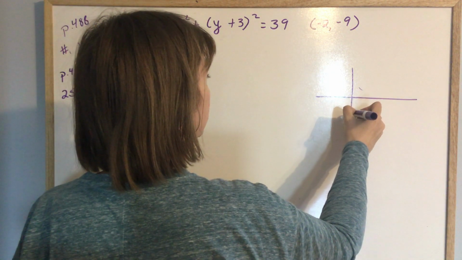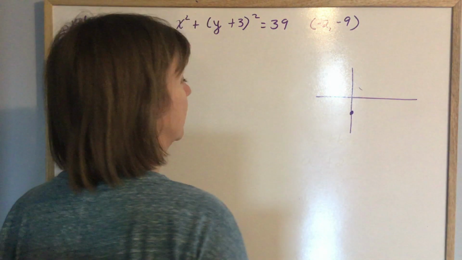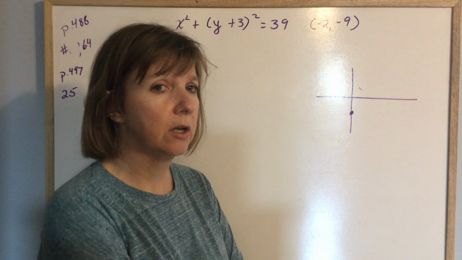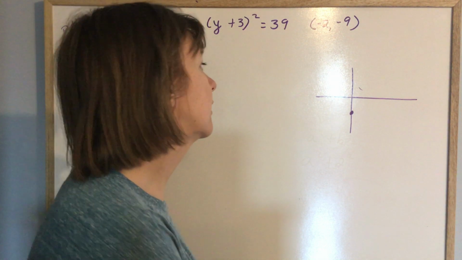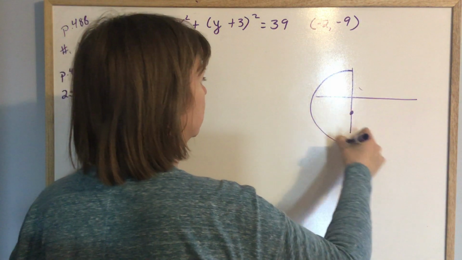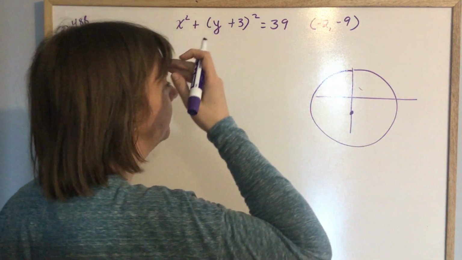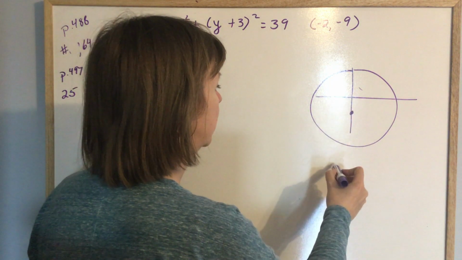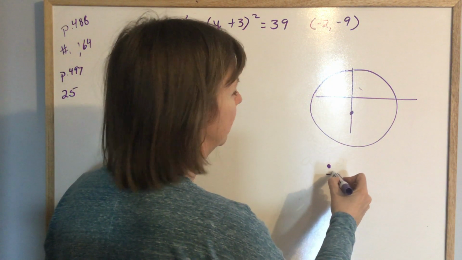That's the center of the circle. The radius is the square root of 39, which is like 6 point something. So 1, 2, 3, 4, 5, 6, we'll call it there, okay? The point is -2 and -9. So we'll just say that's here.